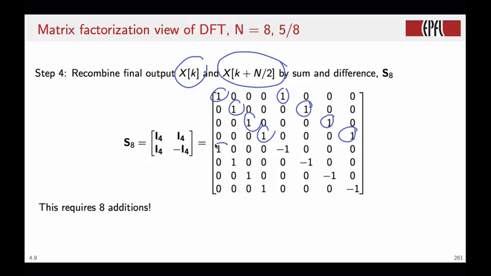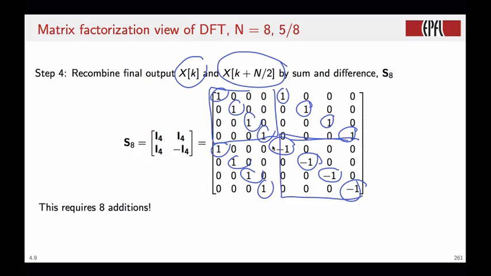The fifth output is a difference, again a difference for the 6th, 7th, and 8th output. And this we can write compactly by recognizing that these guys are identity matrices. And here there's simply a sign change. So in block matrix form, we have this very simple formula.